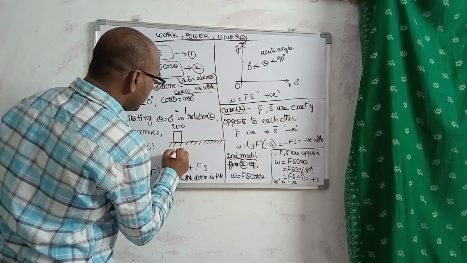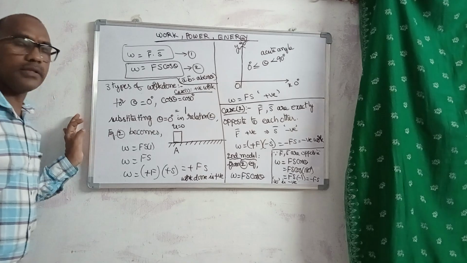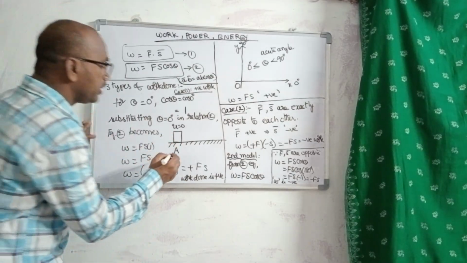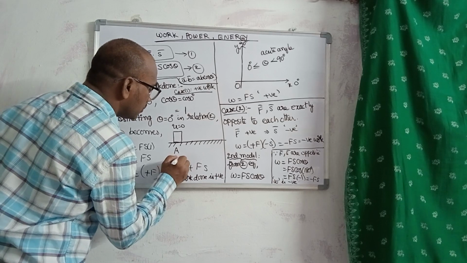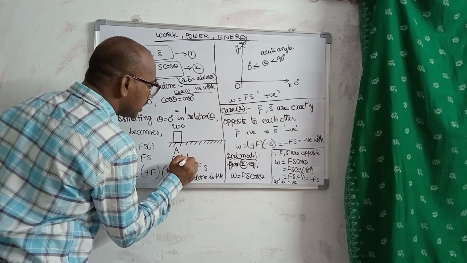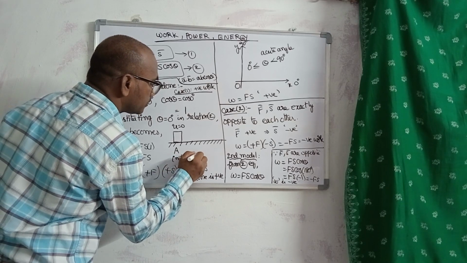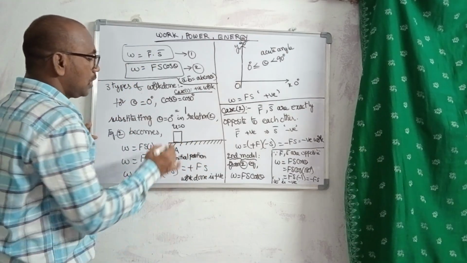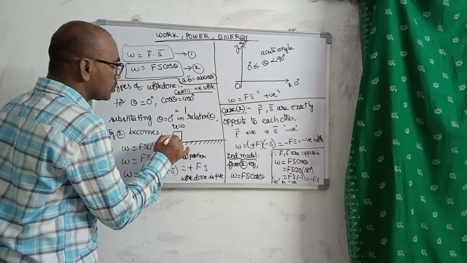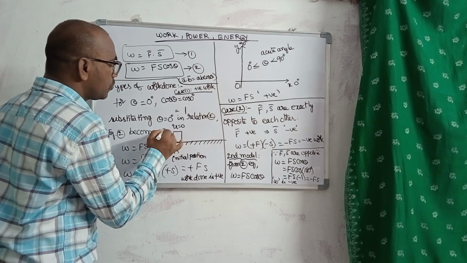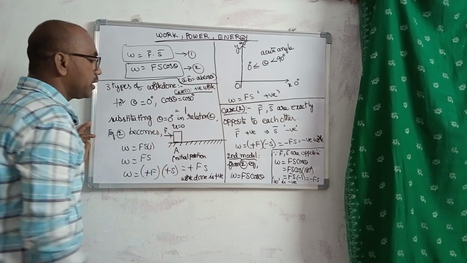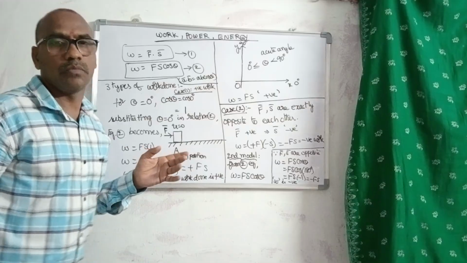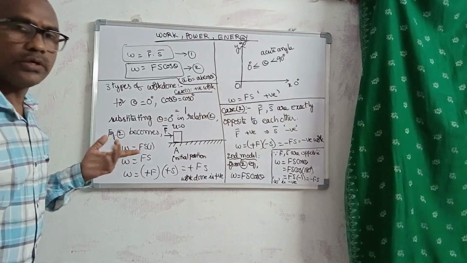Now let the position of the block be A. What is this called? Initial position. Now I am applying some force in this direction. Since force is a vector quantity, it has both magnitude and direction.